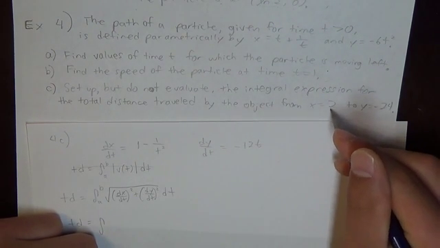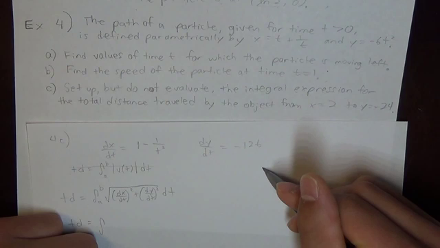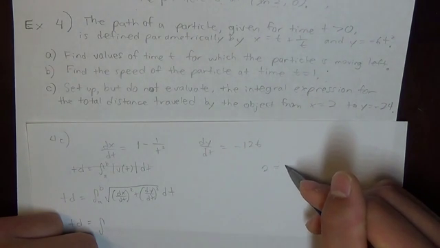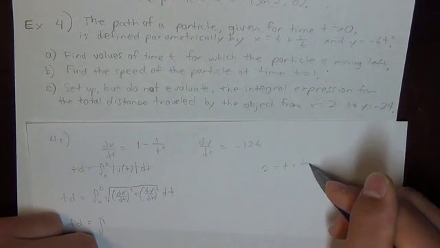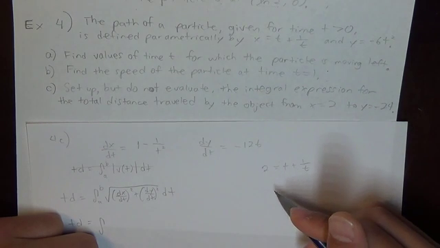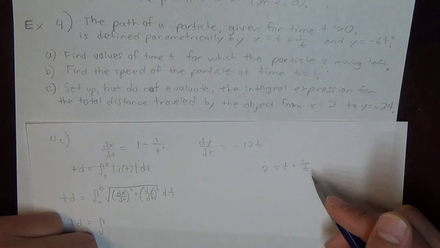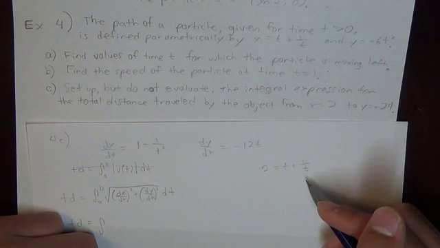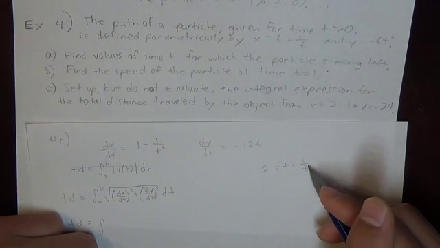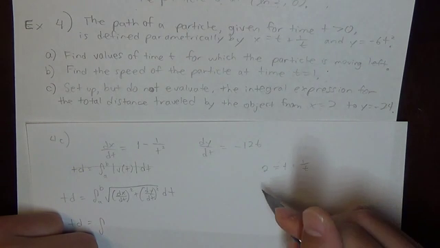So let's do that. x equals 2, so let's plug that in: 2 equals t plus 1 over t. Let's solve for t. I'm going to multiply everything by t to get rid of the denominator.